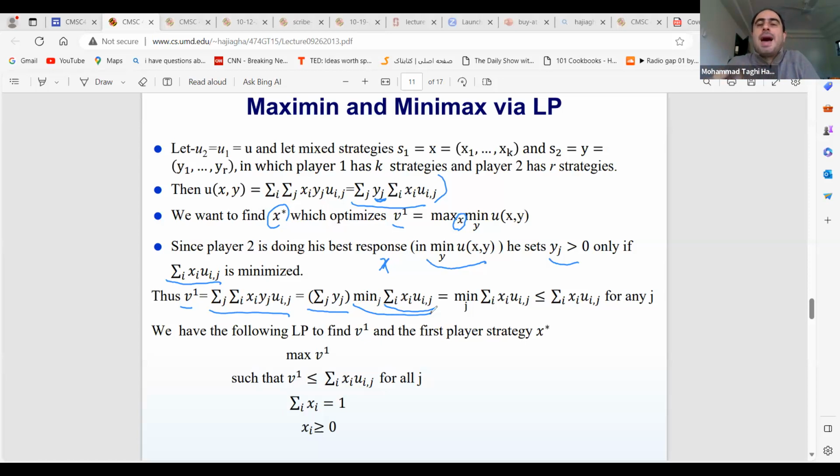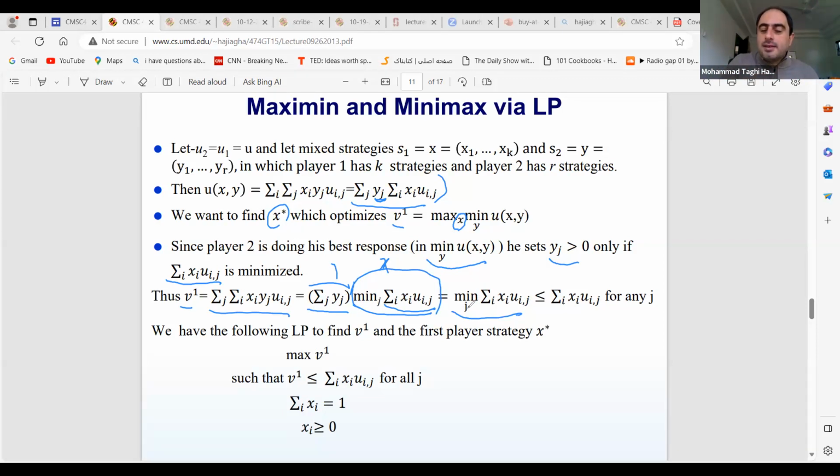Y does not put any non-zero values there. So anything that remains should be equal to the minimum. That's how we can replace this part. Here we had this one, but we just replace it with the minimum, and the minimum is the same value for all of them. And now what is the sum of the yj? That would be equal to 1. So that would be equal to this.